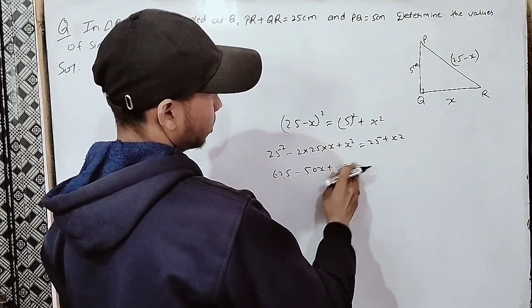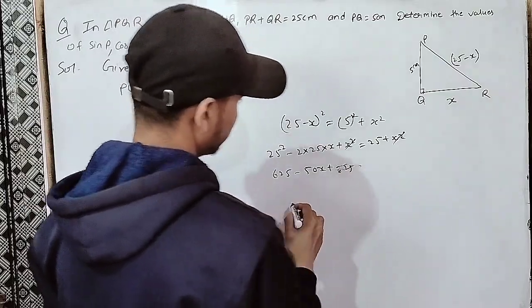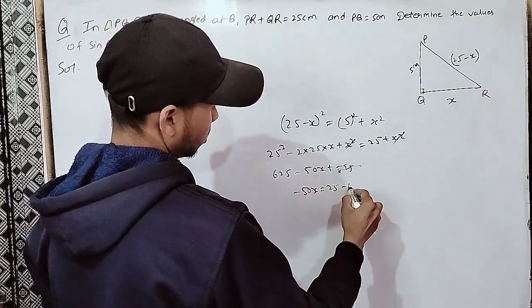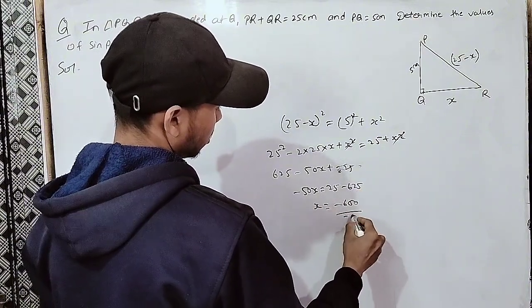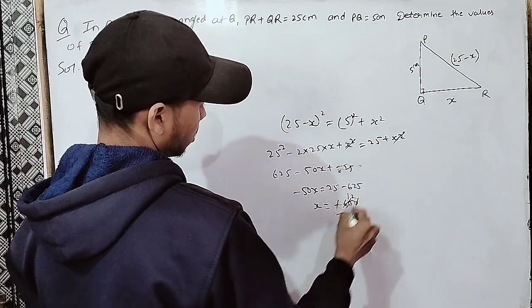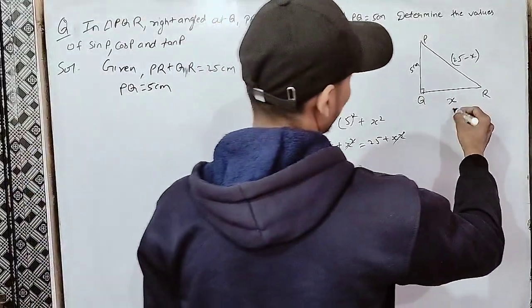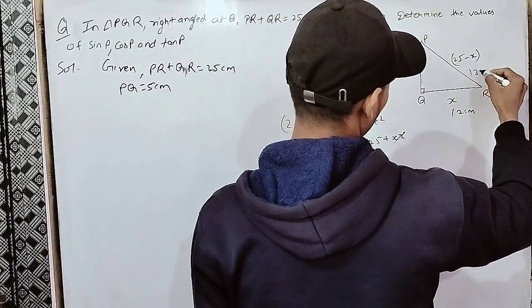So here, try to understand. X square will get cancelled out. Value of x is 12. This is 12 centimeter, and this is 13 centimeter.